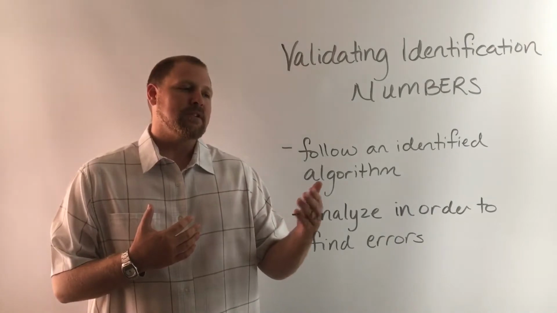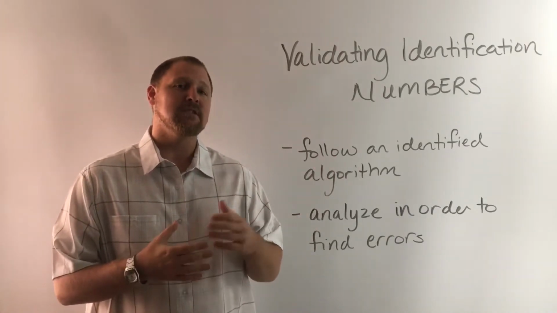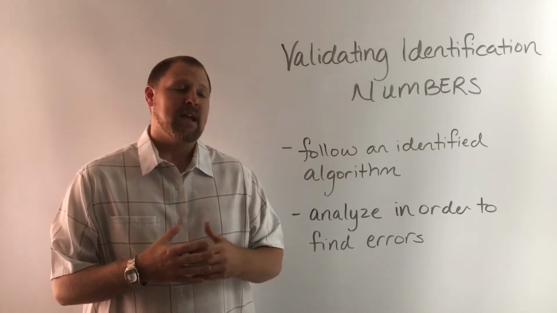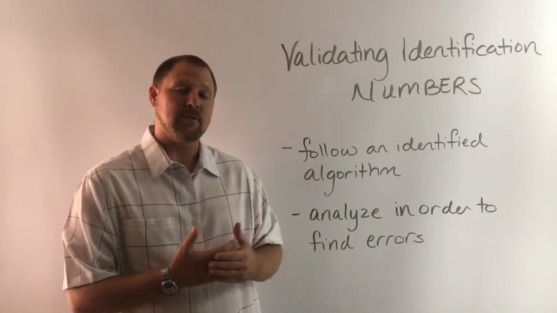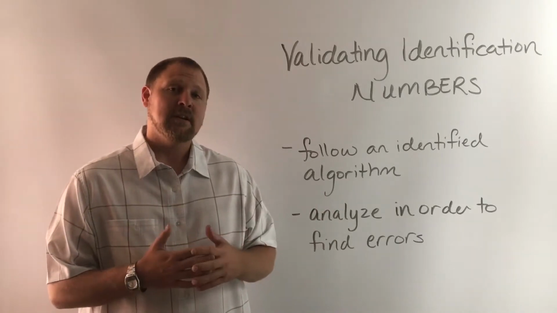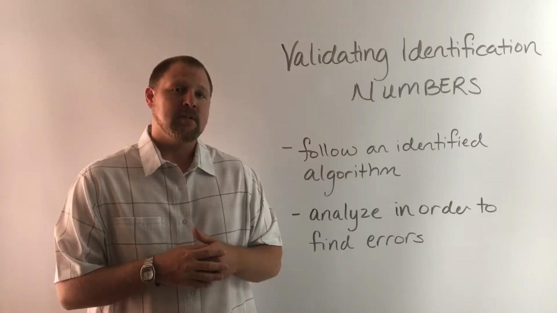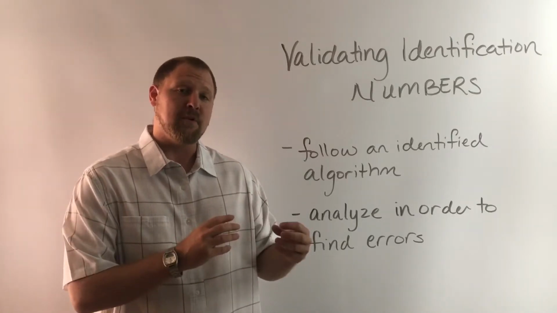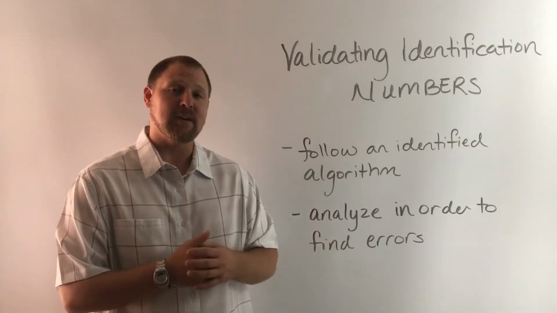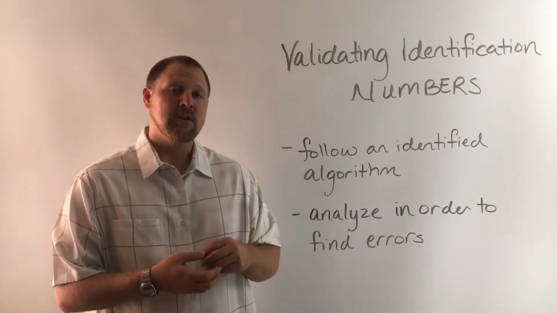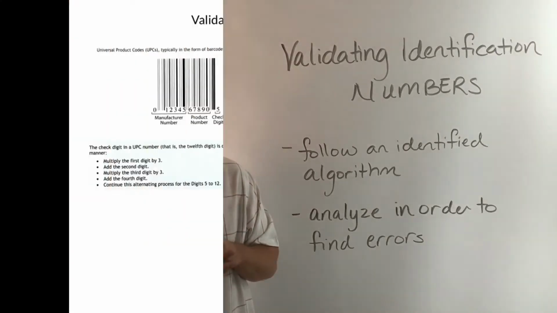What we're going to be doing is validating those identification numbers by using a check digit and an algorithm that allows us to make sure that check digit is correct or is not correct. It also will allow us to analyze that algorithm or the number in order to figure out an error that was made, whether a number was transposed or whether a number was not input correctly.